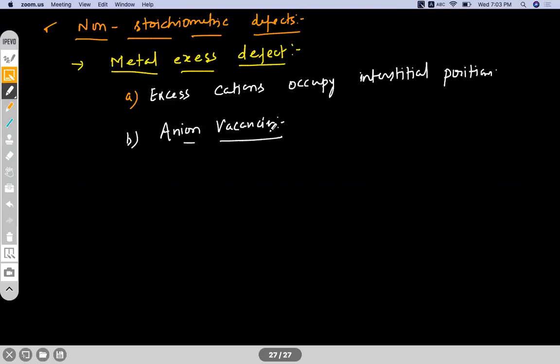The trapped electrons are called F centers, which are responsible for imparting color to the crystals.